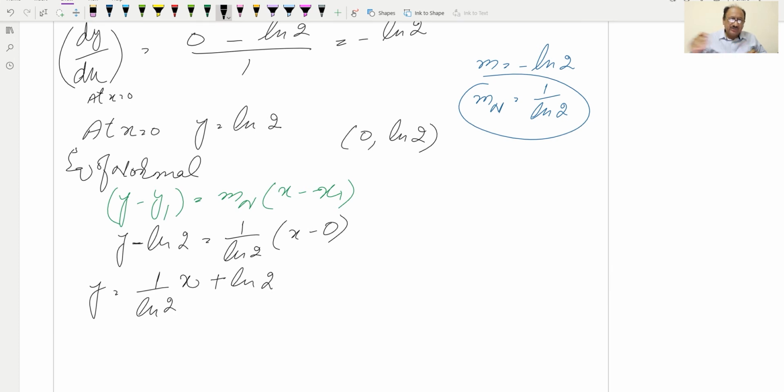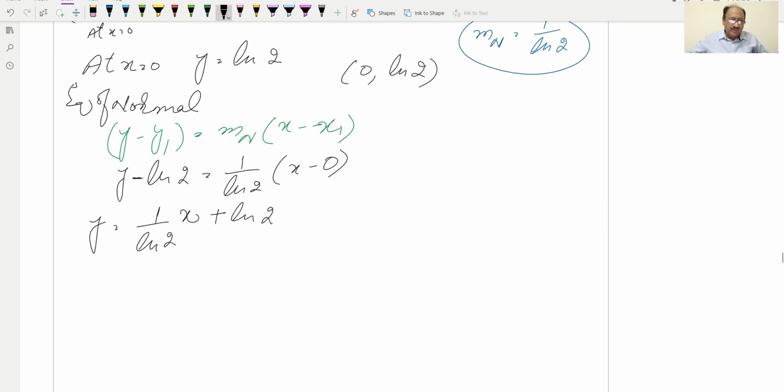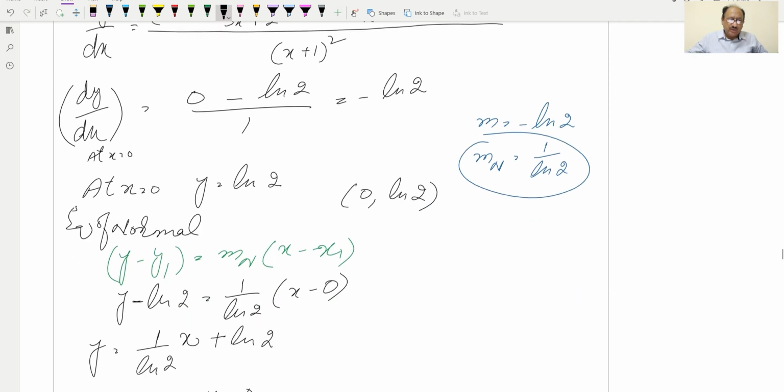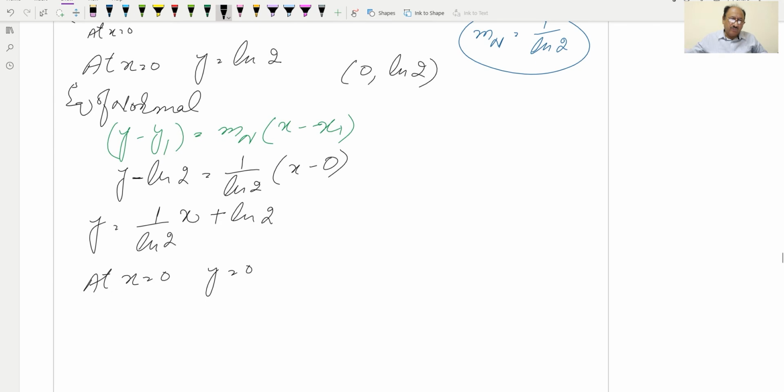Now the normal meets the x-axis at point B, so we are checking for y is equal to 0.